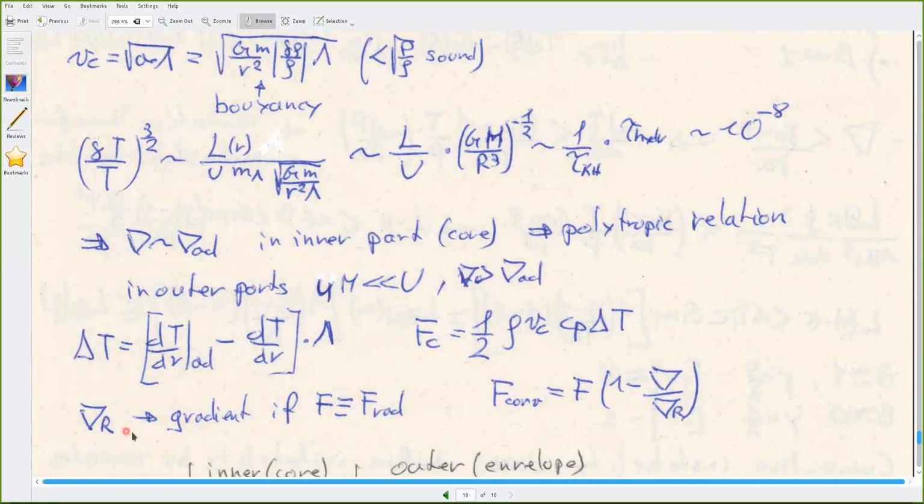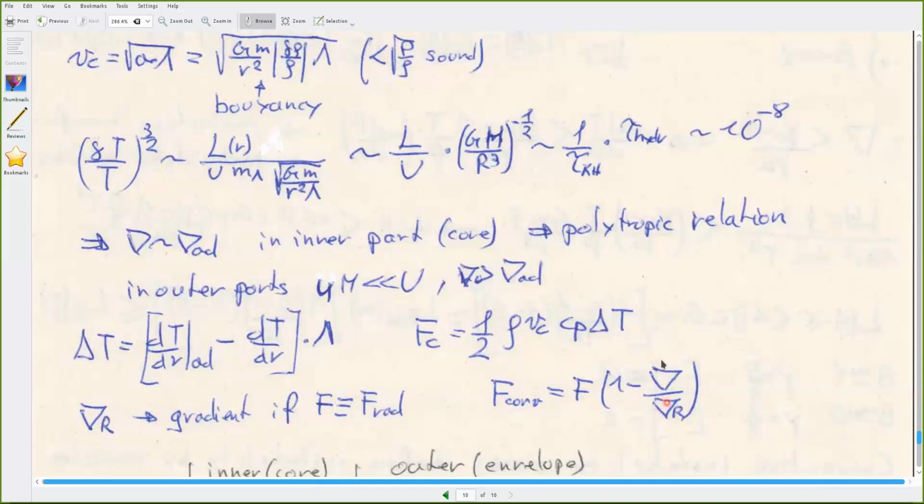And supposing that this nabla R is the gradient if all the flux is given by radiation, it is the theoretical gradient if there were only radiation to transport the energy, so convection would not be activated. We see that the flux of the convection is the total flux divided by this two.